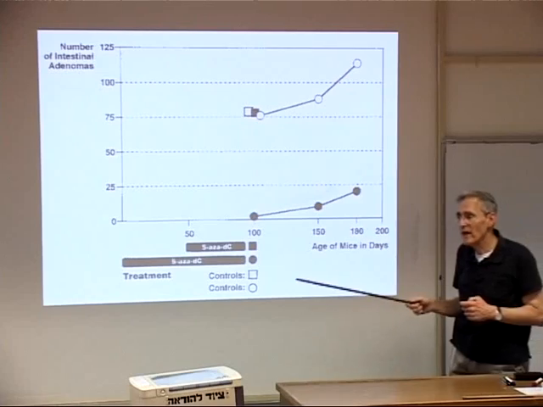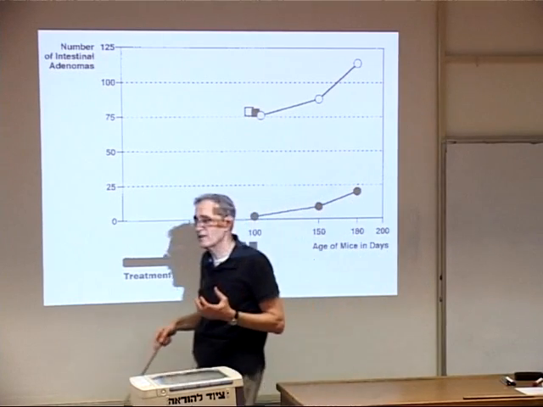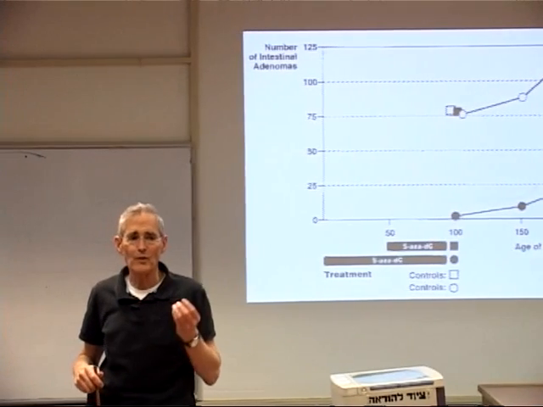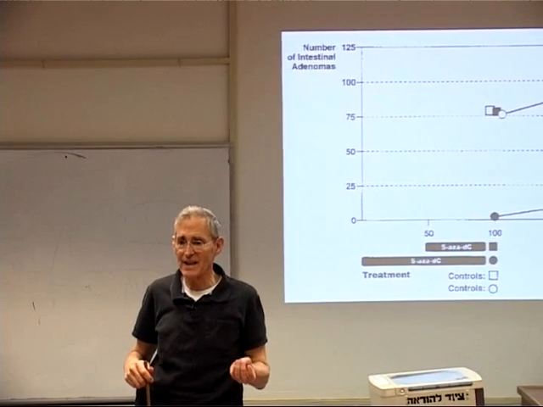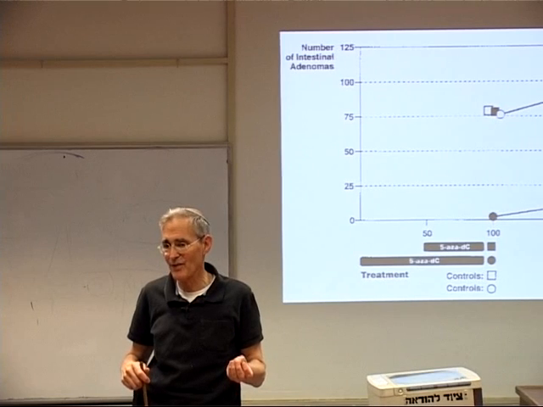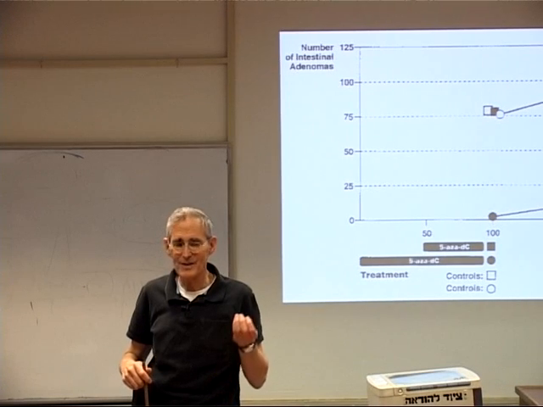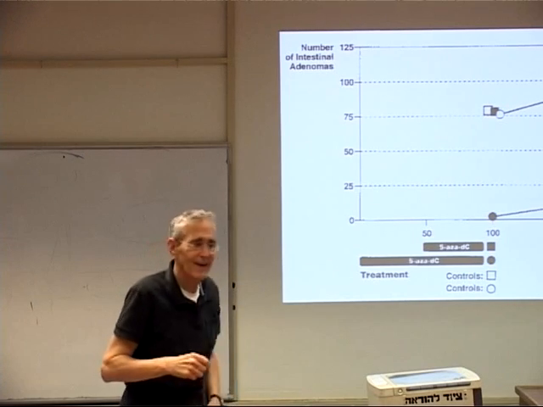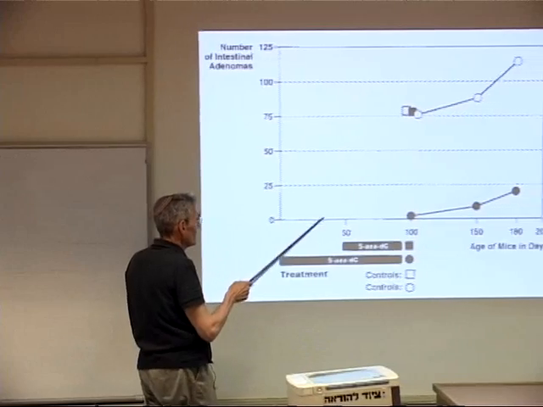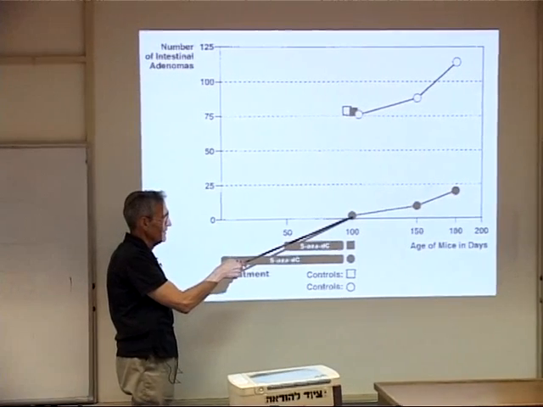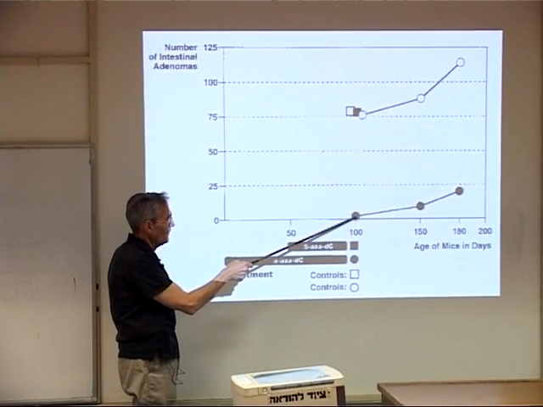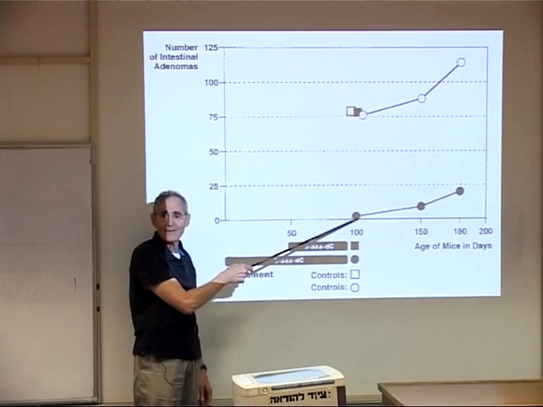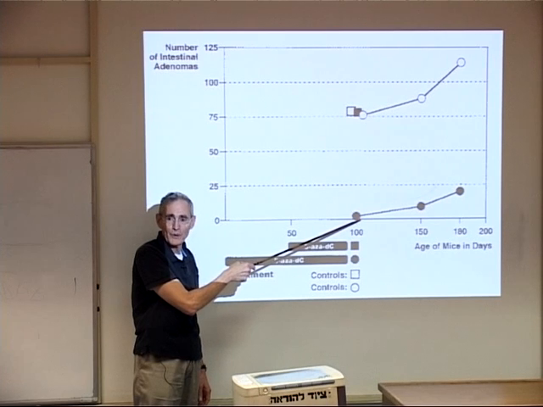So what Rudolf Jaenisch did was he treated these mice from birth with low doses of 5-azacitidine, which inhibits DNA methylation. Every week, once a week, he gave a low dose of 5-azacitidine. And the result is that in these mice that got 5-azacitidine from birth, you get very, very few tumors.